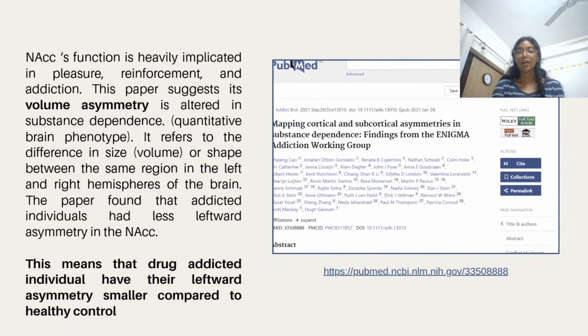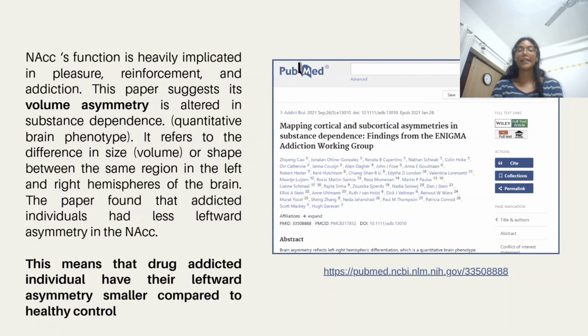So there is a group at the University of Belmont called the Enigma Addiction Working Group. They hold a lot of research and release their research findings. One of such research papers I found very helpful said that the NAcc is very much related to addiction. This paper suggested that volume asymmetry is altered in substance dependence.